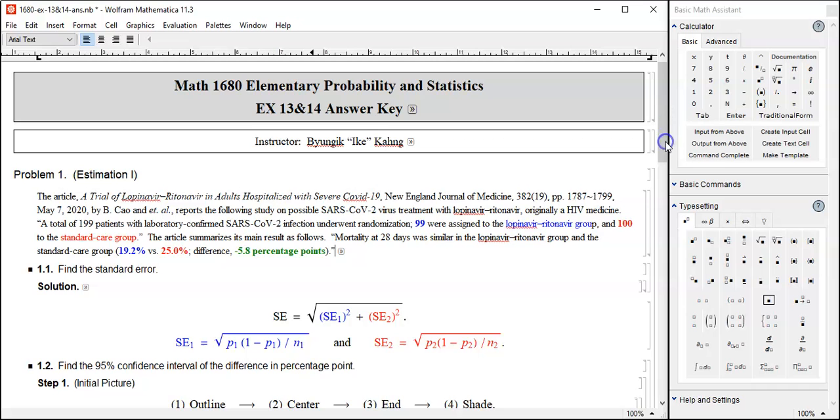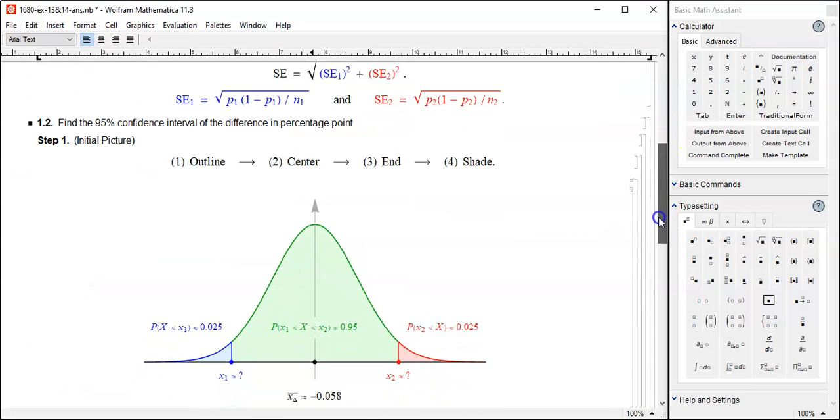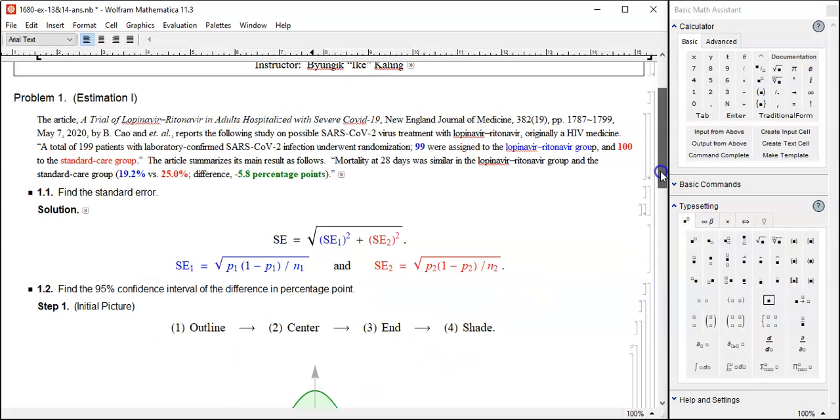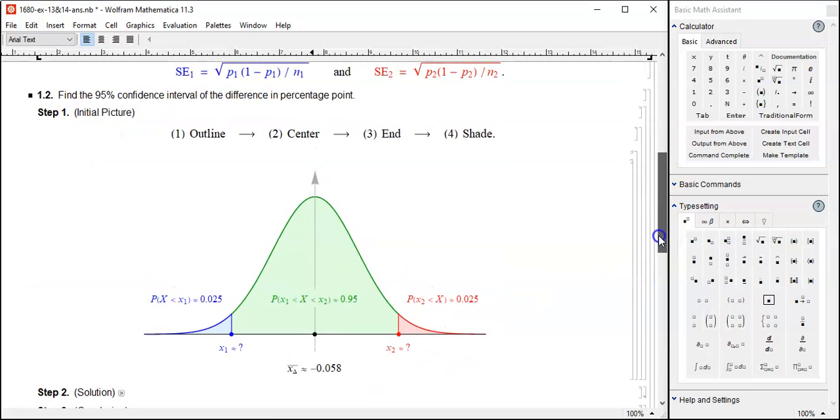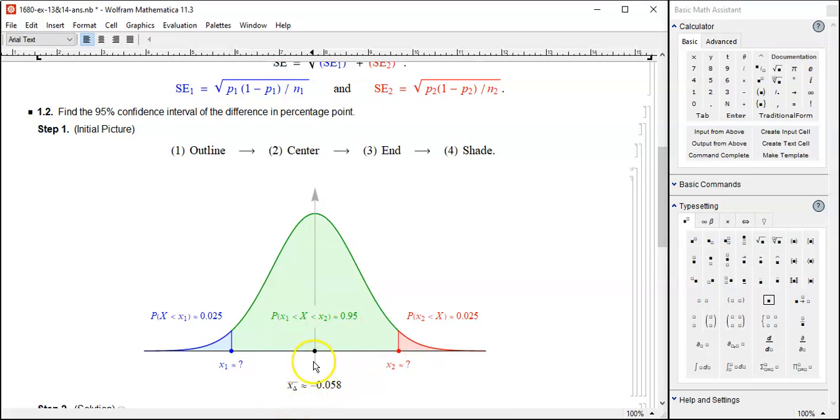So that's not difficult at all. Negative 0.058. The problem said negative 5.8 percentage points, so change it to decimal. Okay, next, end. We want 95%, okay.